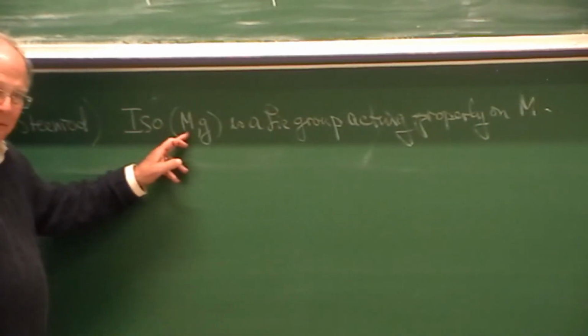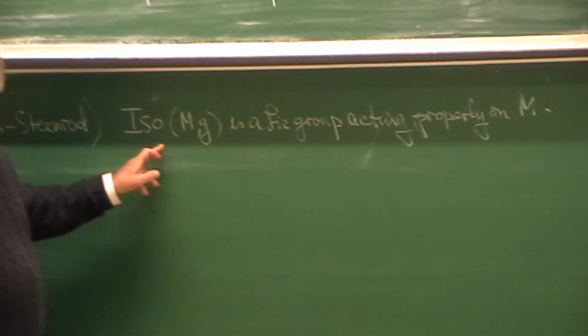You have an arbitrary Riemannian manifold, and you have the isometry group, and we just proved that it really appears somehow in symmetric spaces, the isometry group.